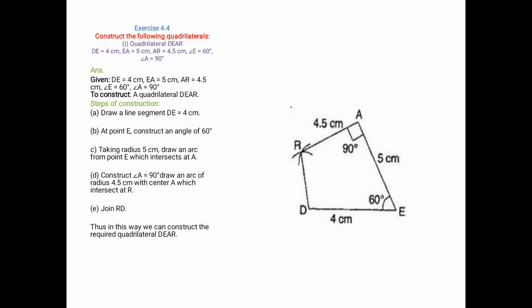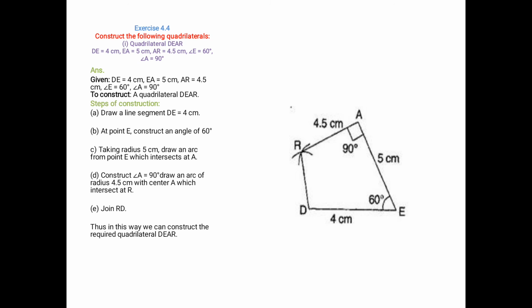Taking radius 5 cm, draw an arc from point E which intersects at A. Construct angle A equals 90 degrees and draw an arc of radius 4.5 cm with center as A which intersects at R. Here join RD. Thus in this way we can construct the required quadrilateral DEAR.